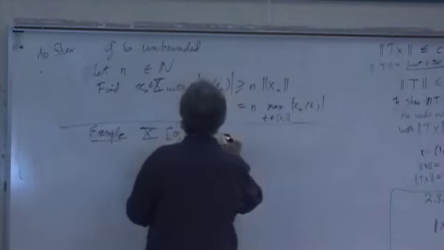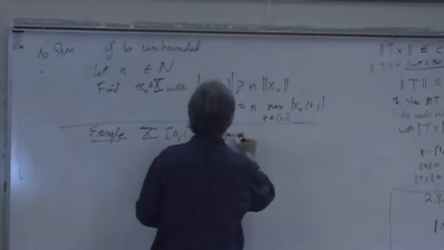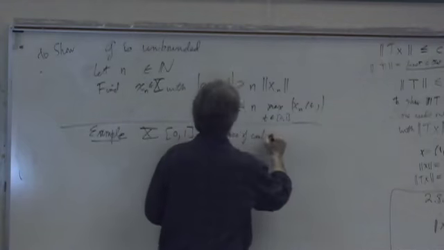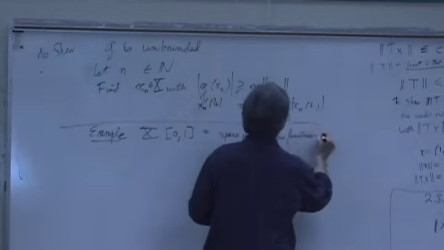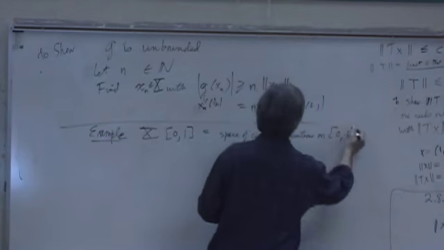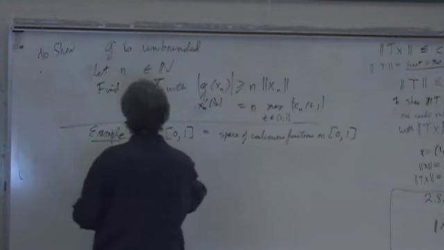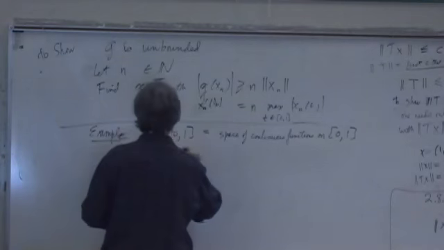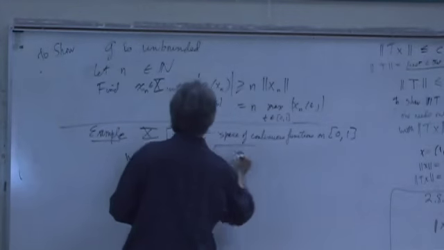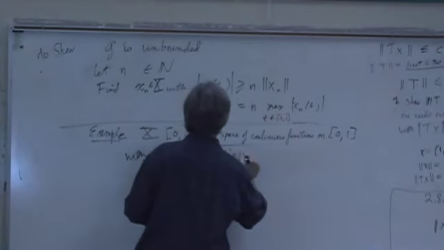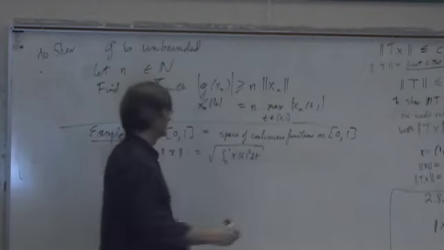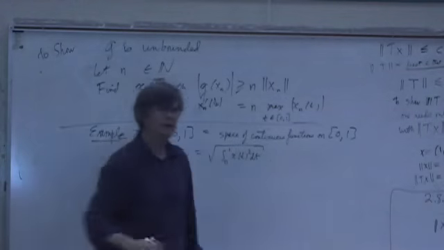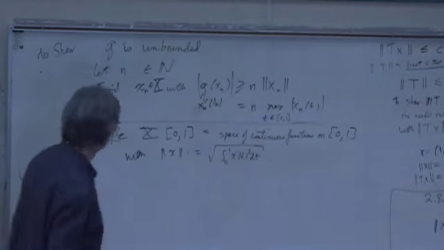equals the space of continuous functions on the unit interval with the norm of x equal to the square root of the integral from 0 to 1 of x of t squared dt. That is a norm on that space.